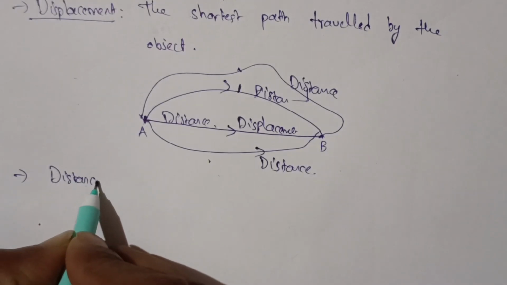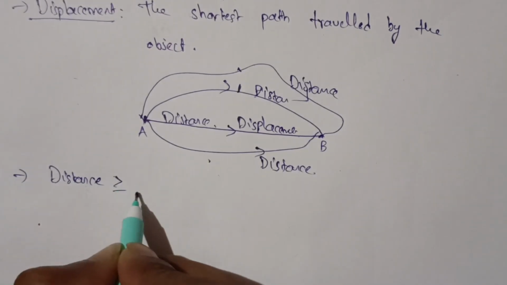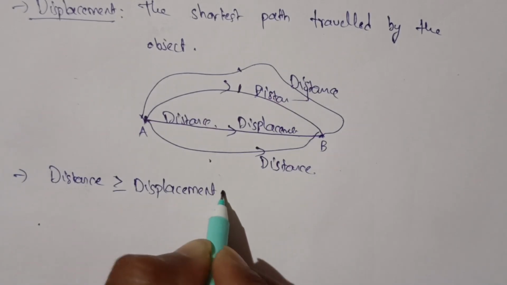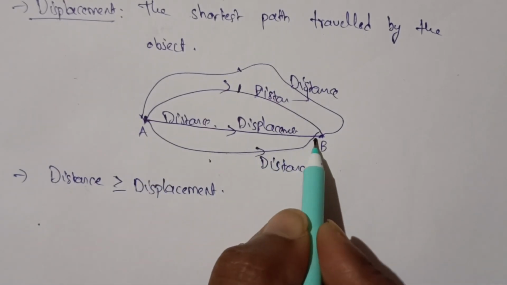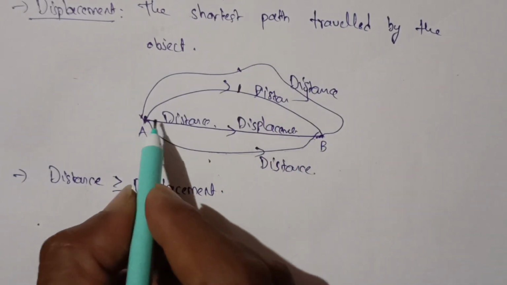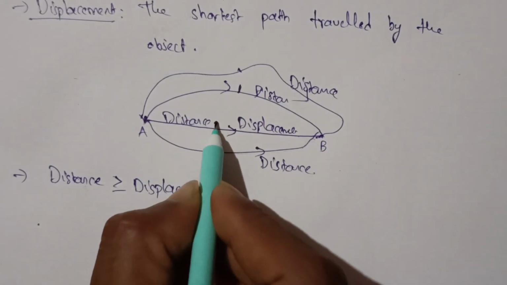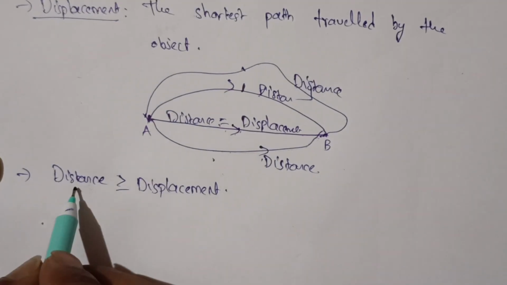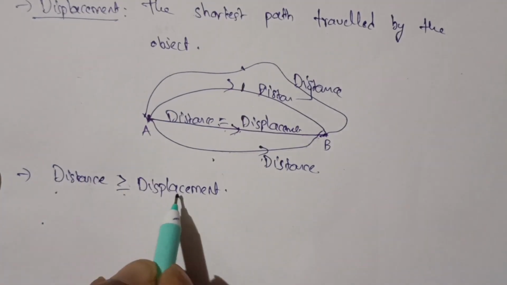Then the next point is, distance is greater than or equal to displacement. The distance traveled by the object is greater than the displacement, so the displacement value is sometimes equal to or less than the distance value. So distance is greater than or equal to displacement.